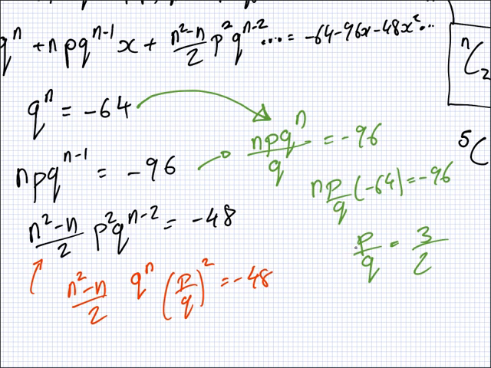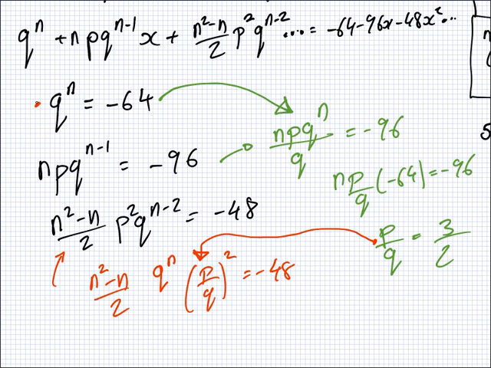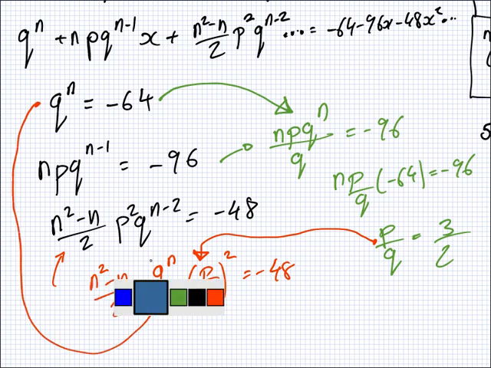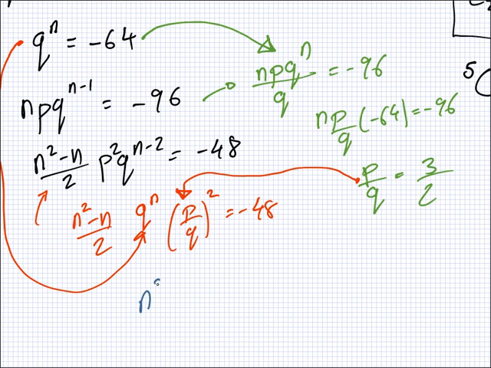Now that's nice because I can take that and put it in there. And I can take this and put it in there. So now I end up with n squared minus n over 2 minus 64 times 3 over 2 equals minus 48.